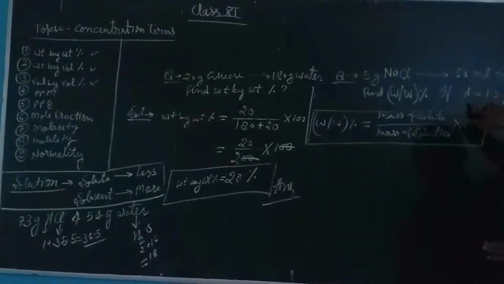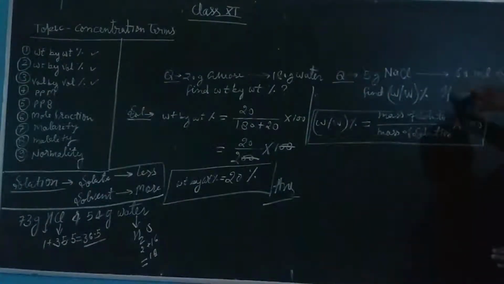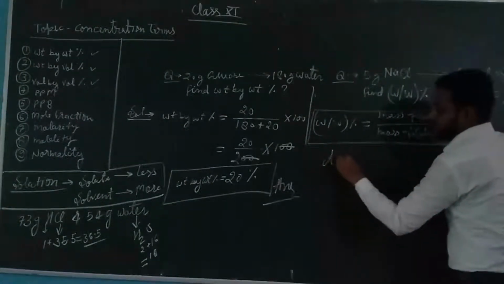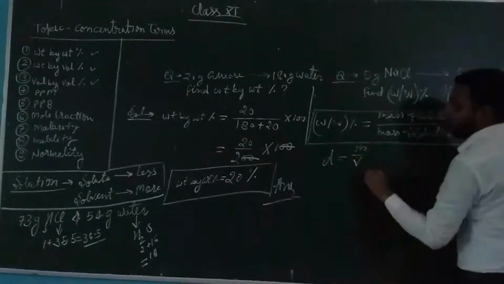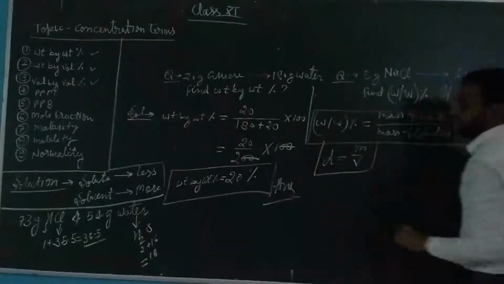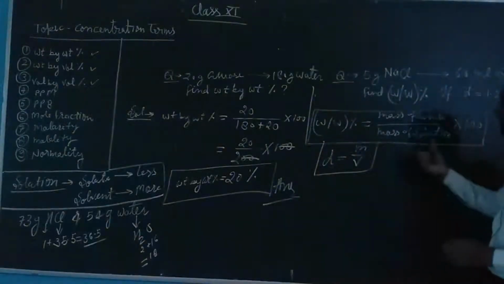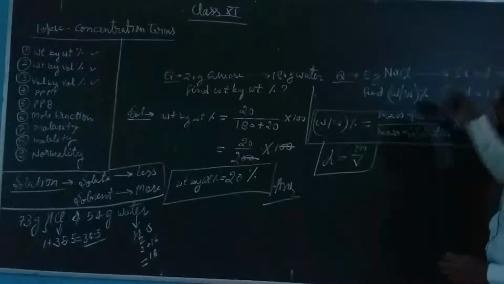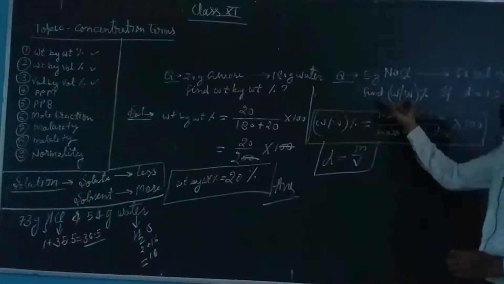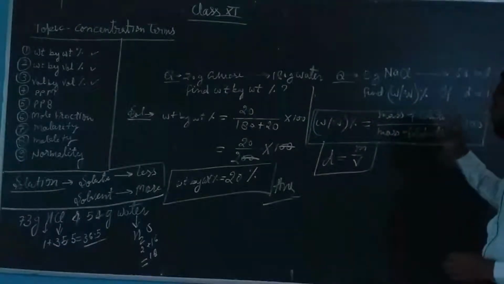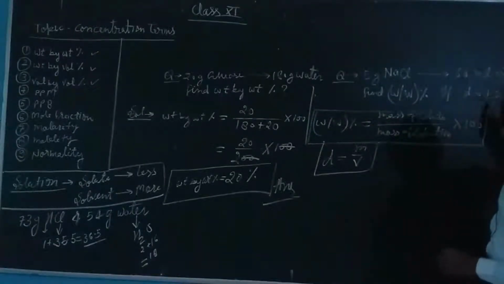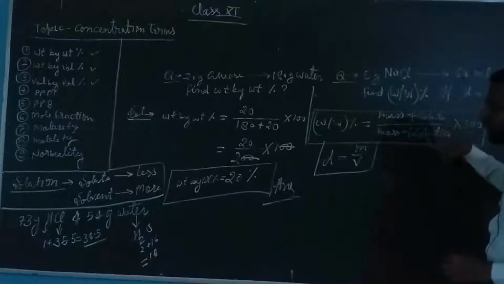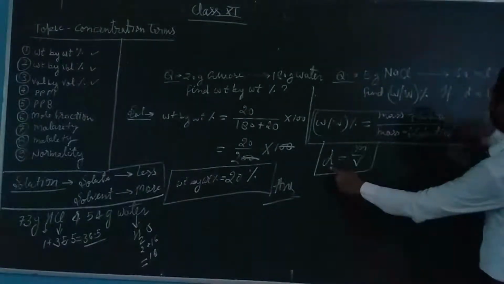So firstly we have to convert volume of solution into mass of solution, by the formula density is equal to mass upon volume. By this formula we can calculate mass of solution, because volume of solution is given.